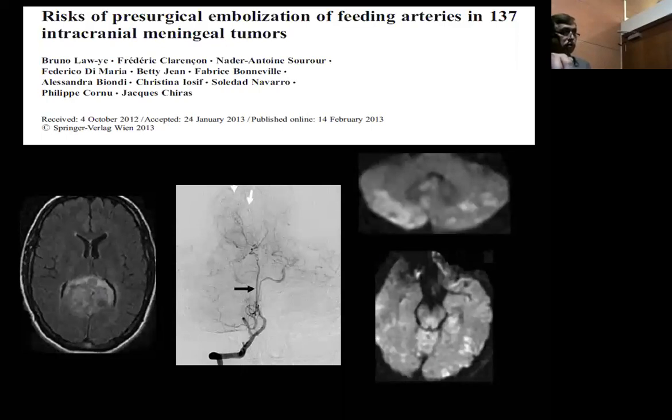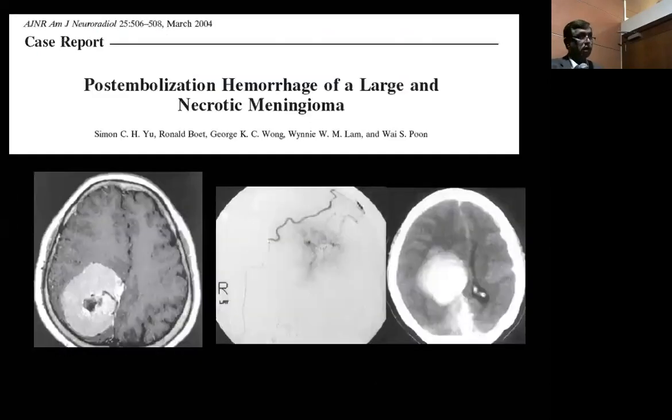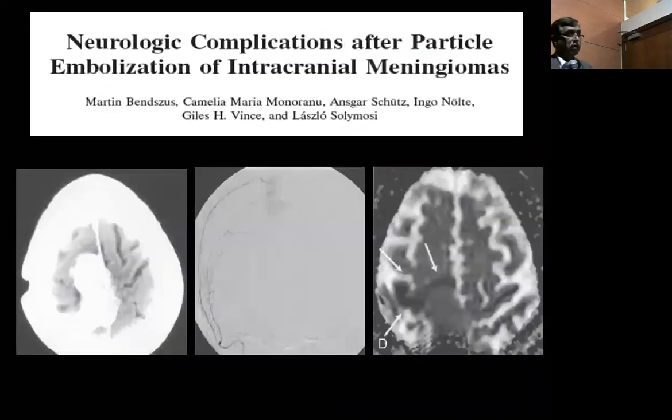This is a tumor at the falcotentorial area, supplied by the vertebral artery, embolized, and you get ischemia of the superior cerebellar artery and the posterior cerebral artery. And this could be permanent. Post-embolization hemorrhage: tumor, embolized, hemorrhage. Tumor, embolized, ischemia.